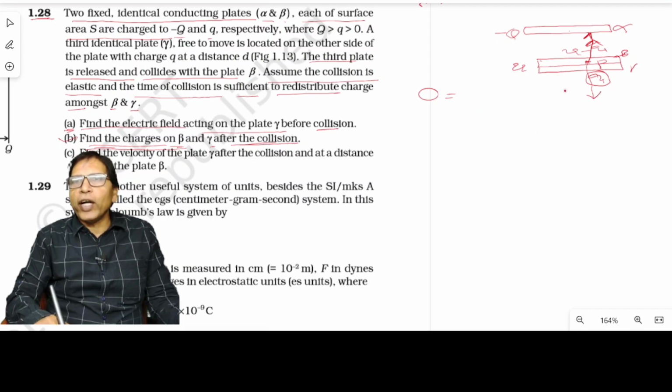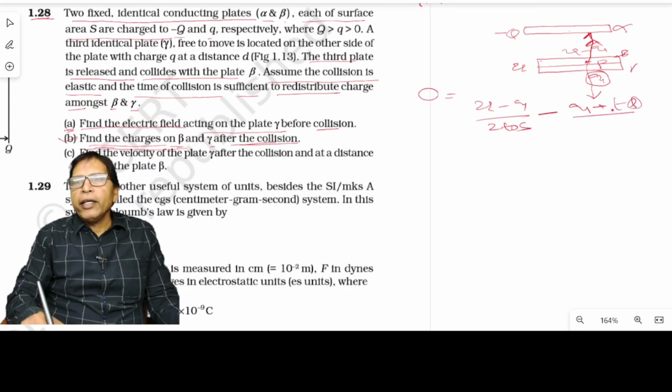So look at the field due to 2q minus q1 by 2 epsilon naught S minus q1 plus q divided by 2 epsilon naught S equals 0.